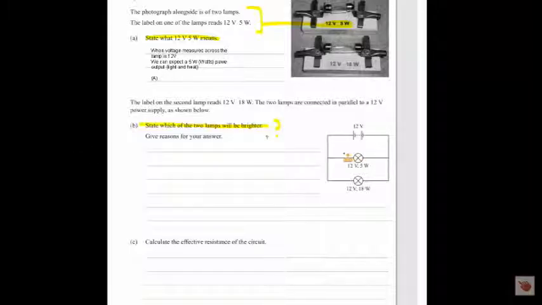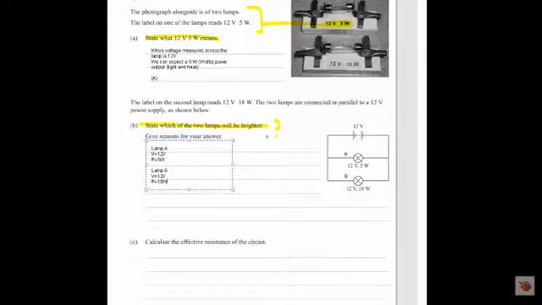So I'm going to call this lamp A, and we'll call this lamp B. So I'll make a note over here that lamp A has voltage equal to 12 volts and power equal to 5 watts. And similarly we've got lamp B at voltage of 12 volts and a power of 18 watts.